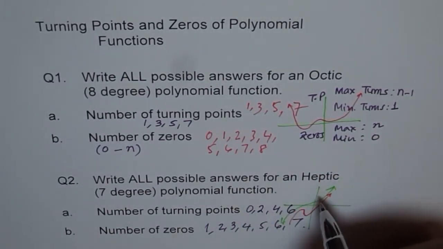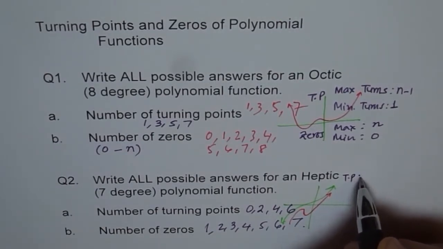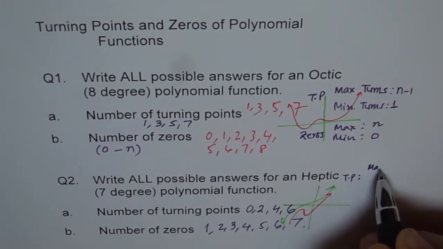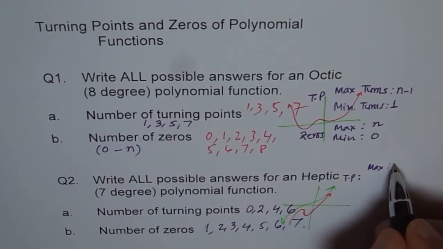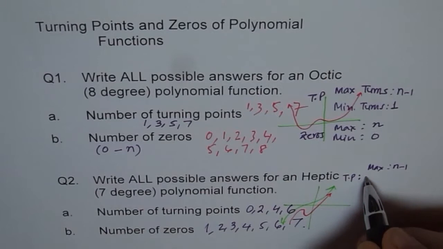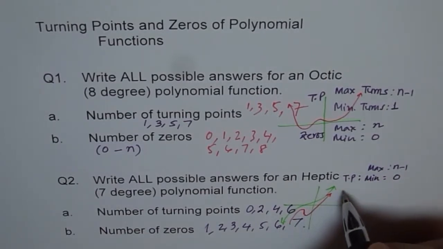How about an odd degree function? As far as turning points are concerned, as you can see here, the maximum number of turns is n minus 1. And the minimum is 0 because they can go without a turn.